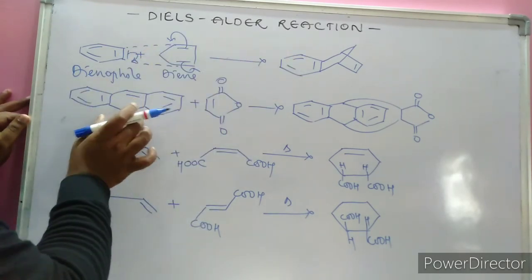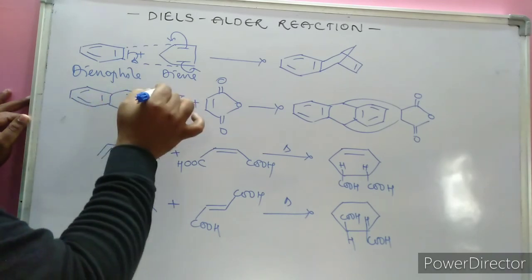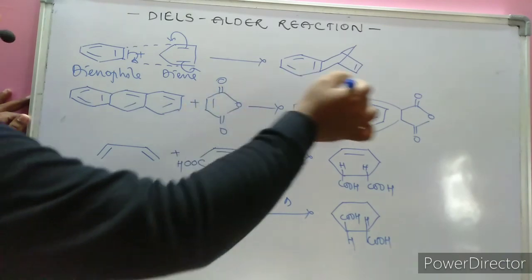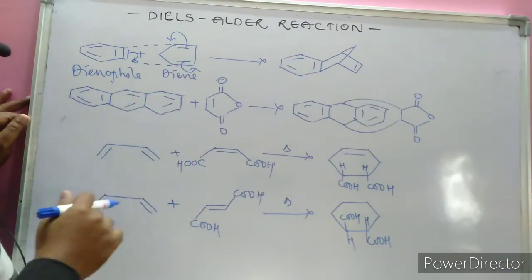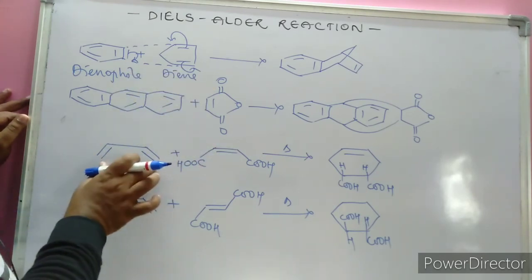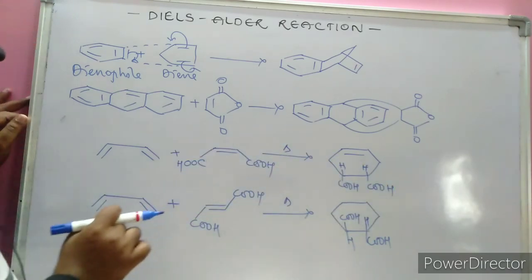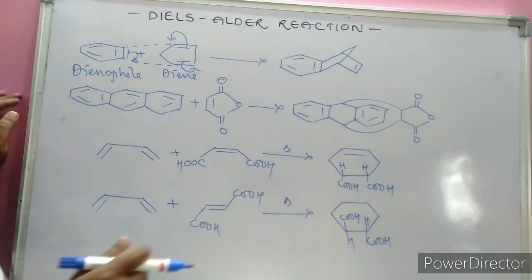Next, benzene, anthracene, and naphthalene are given. The active positions are the 9th and 10th positions, and that is where a bond is established. Whichever geometry and direction the molecule is given in, don't get confused. Here a diene and a dienophile are given. If it is in the cis configuration, the product is cis. If the diene is given in the trans configuration, the product is trans.